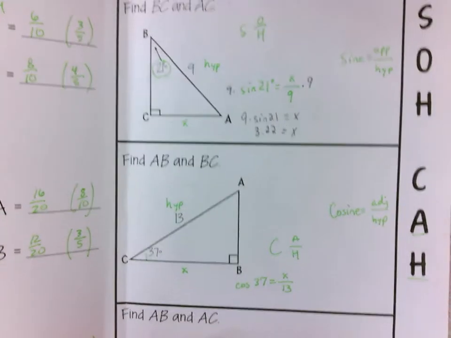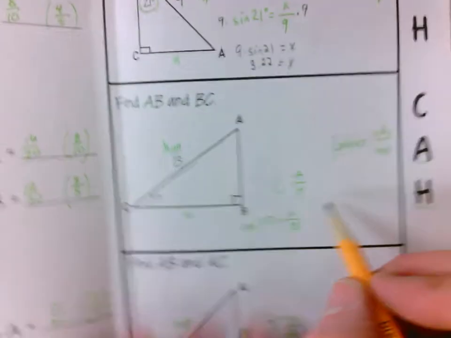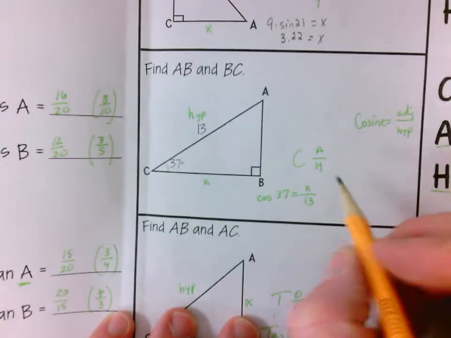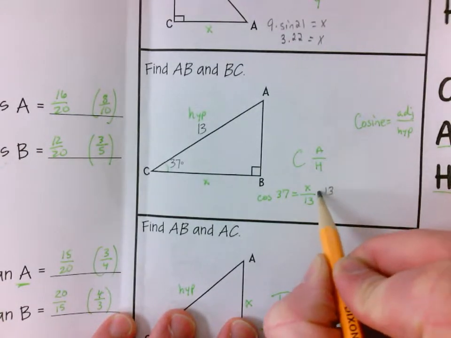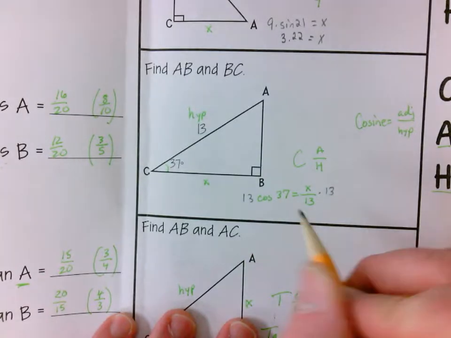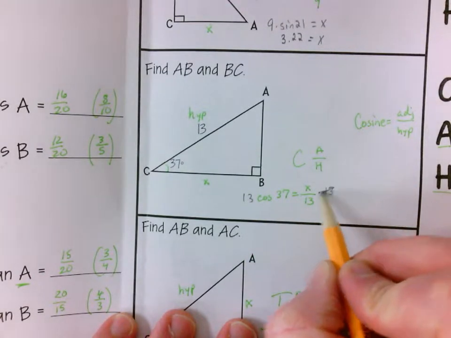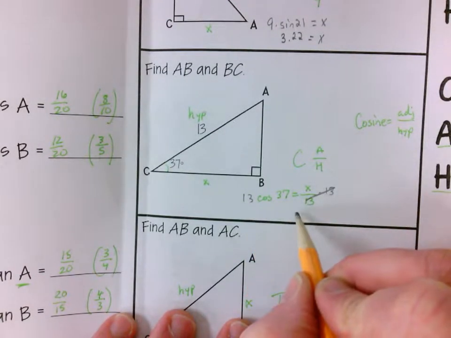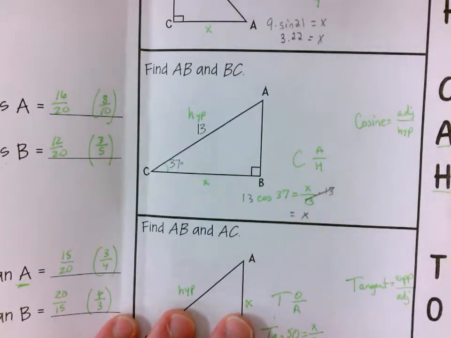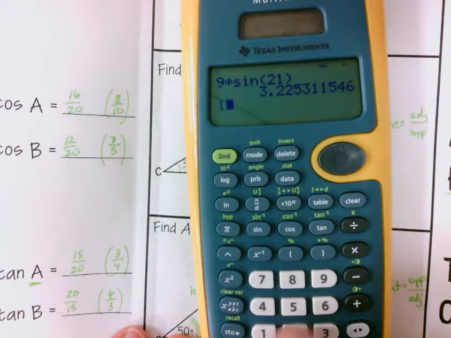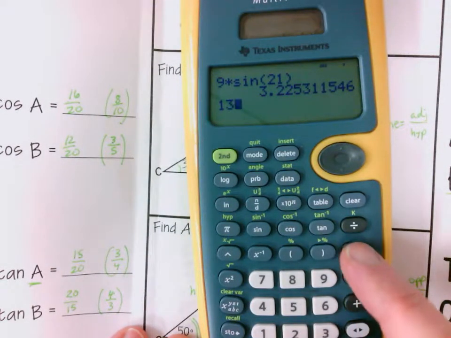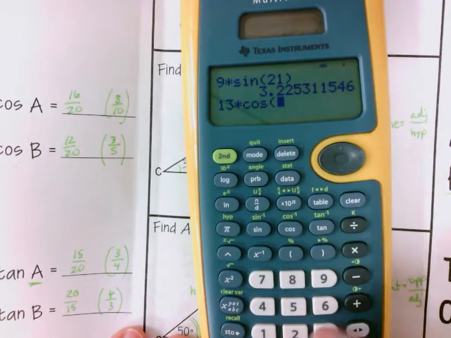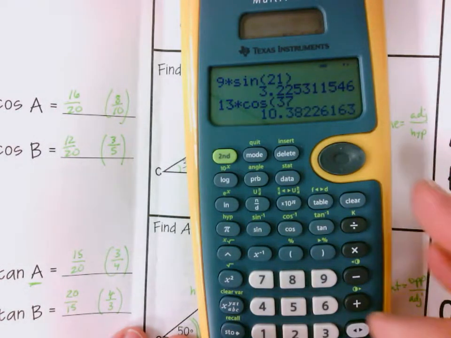Okay. To solve for cosine, I multiply both sides by 13. So the 13 cancels out. 13 times cosine 37, 10.38.